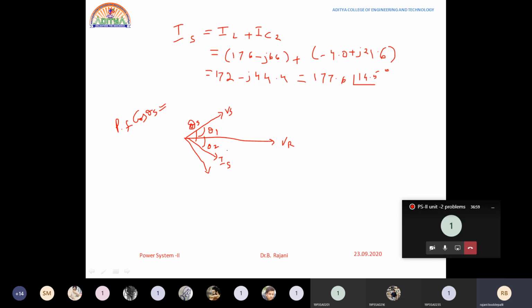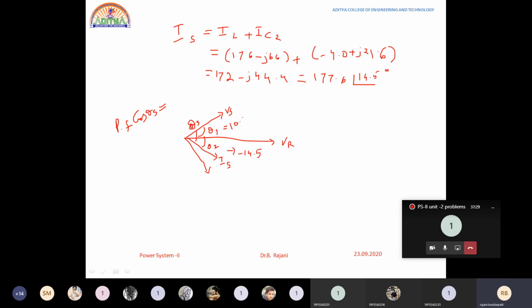How much is this angle? Minus 14.5, the angle made by VR and IS. Theta 2 is 14.5 and theta 1 is how much? That is nothing but VR and VS, 10.65 we have got.